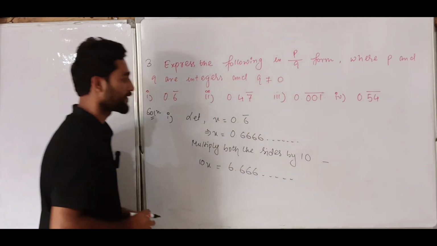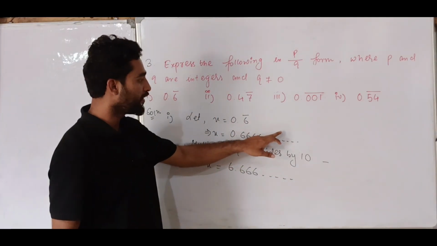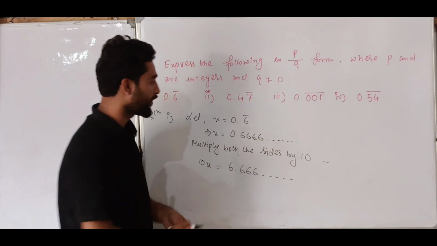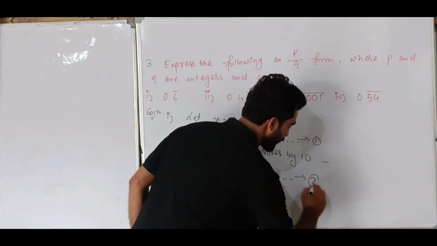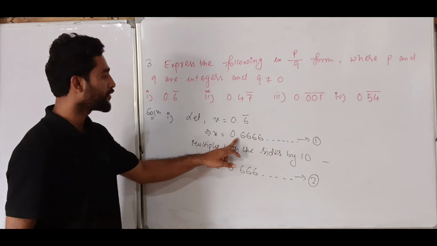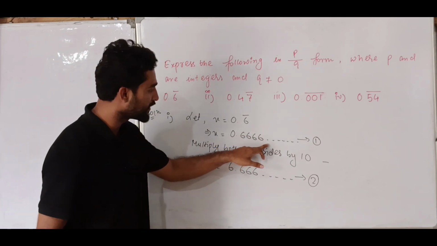So this will be 6.666666 like this. Now you observe both the equations. For example, this is equation number 1 and this one is equation number 2. In this equation you see after the decimal point the digits are same.